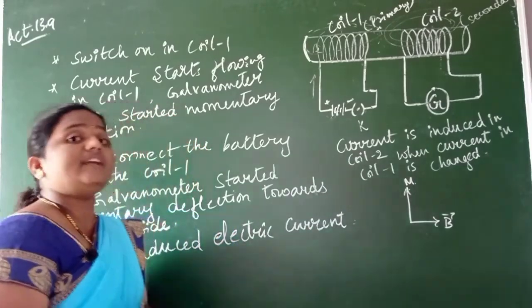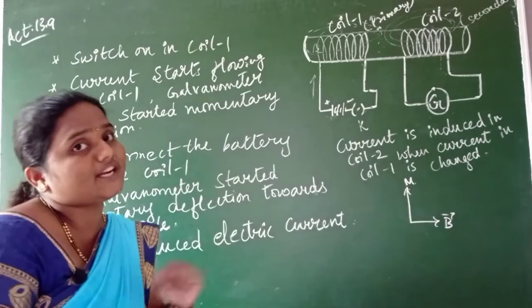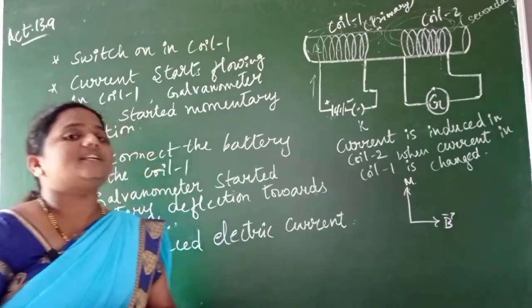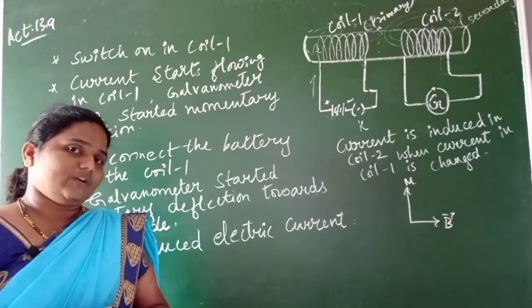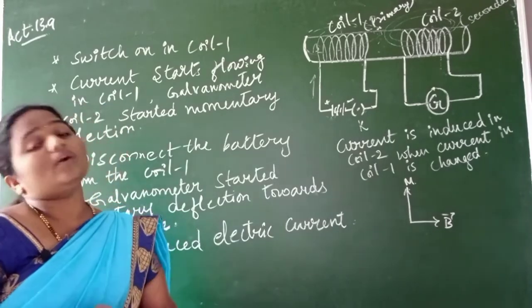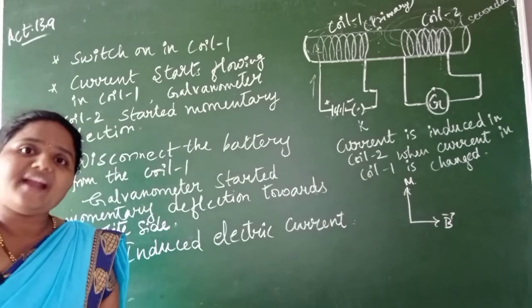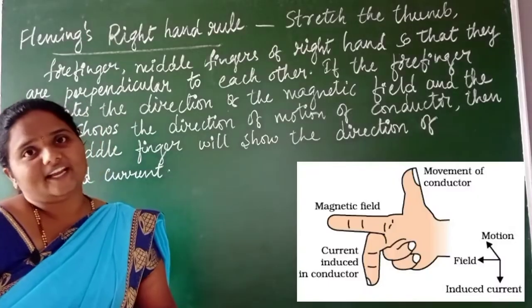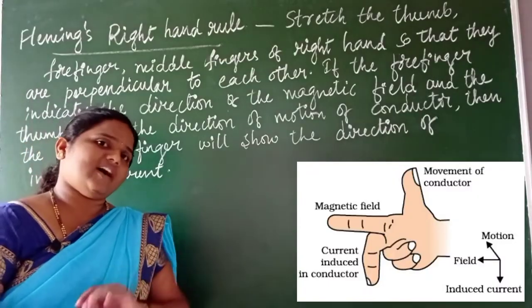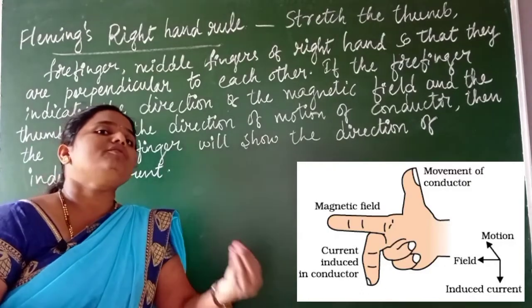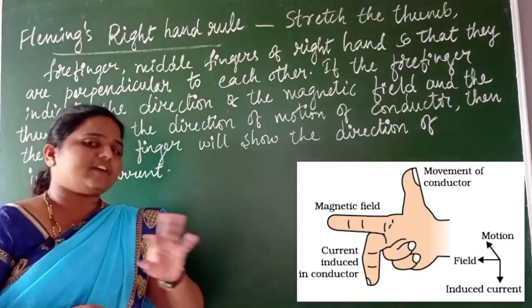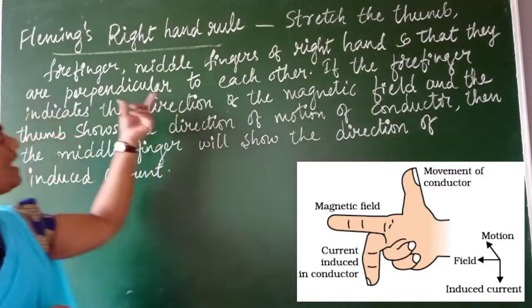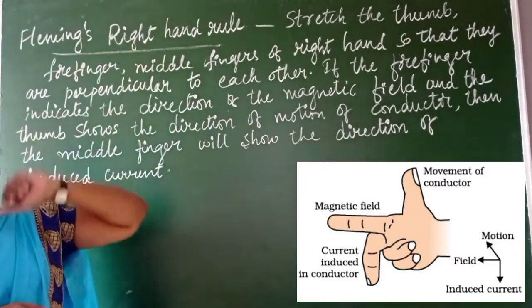So how can we know the direction of an induced current here? There comes a special rule called Fleming's right hand rule. Okay, children, now let us study what is Fleming's right hand rule. Now we will study how to find the direction of an induced current and which rule we have to use there. In order to find the direction of an induced current, we have to apply Fleming's right hand rule.